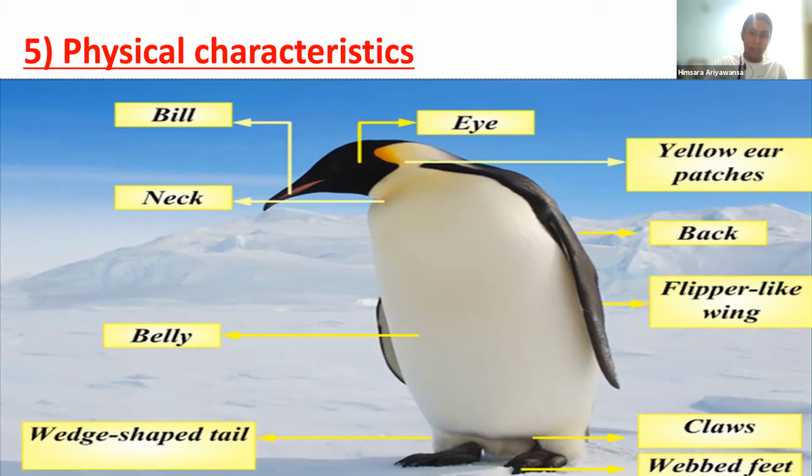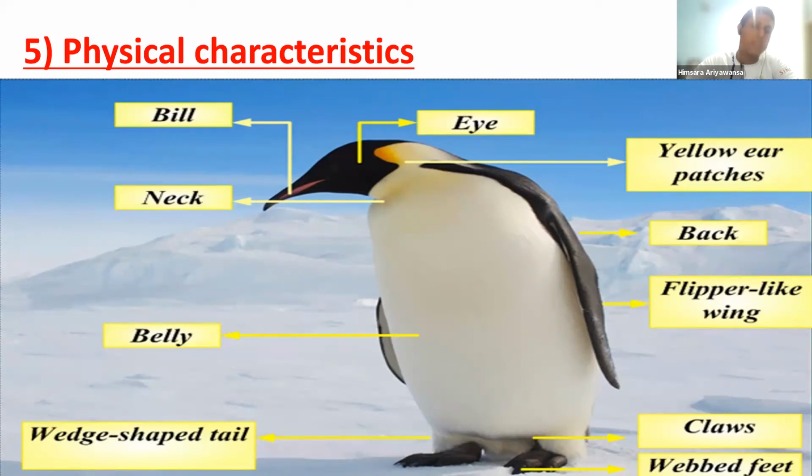Their eye color may differ from one another. According to the species or the type, their eye color changes. The most common colors are brown, reddish brown, and golden brown. Next we'll move to the bill or beak.